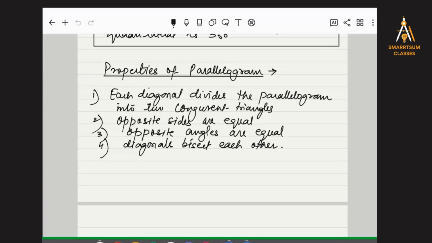So in a parallelogram, opposite sides are equal, opposite angles are equal, each diagonal bisects the parallelogram, and diagonals bisect each other. We can use these properties as theorems, and we can use them in the converse way also. Is that clear?